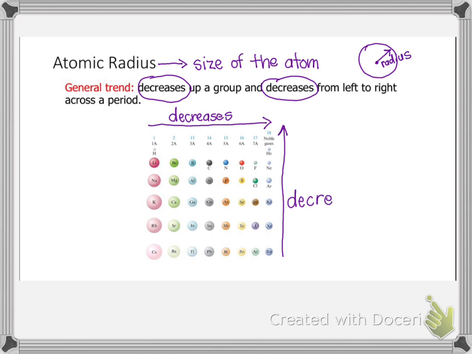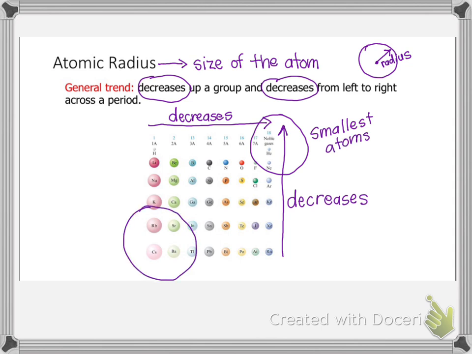Now you could also put these trends in terms of increasing and decreasing. What it tells us is that in the upper right-hand corner, these are the smallest atoms, and in the lower left-hand corner, these are all the largest atoms.